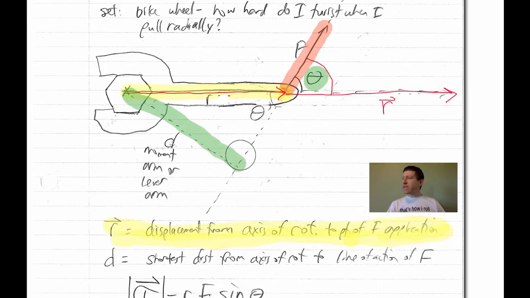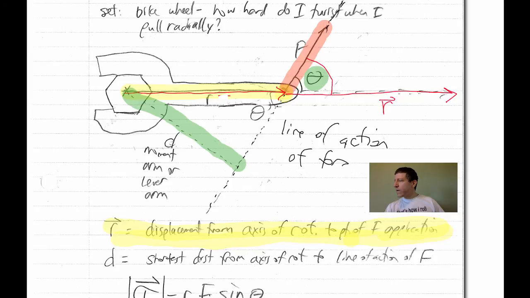And what that is, if you just extend the force line, this is called the line of action of the force. You can extend it in both directions infinitely. This is the line of action of the force right here. You just extend that force vector infinitely in both directions, you have the line of action of the force.